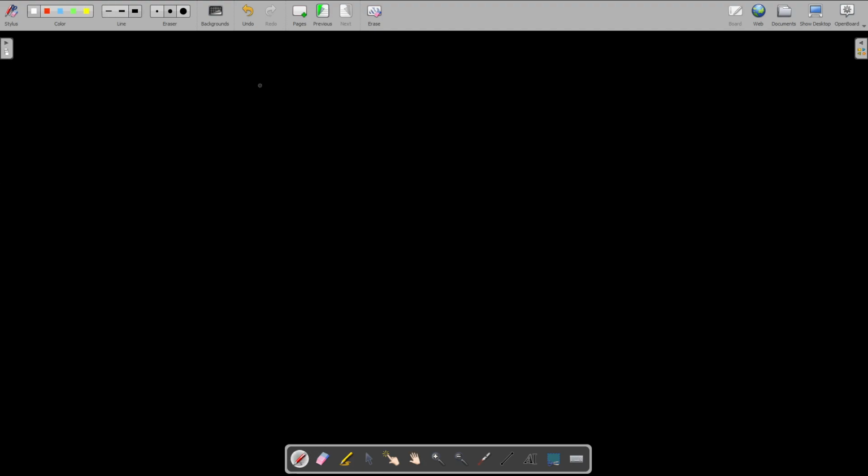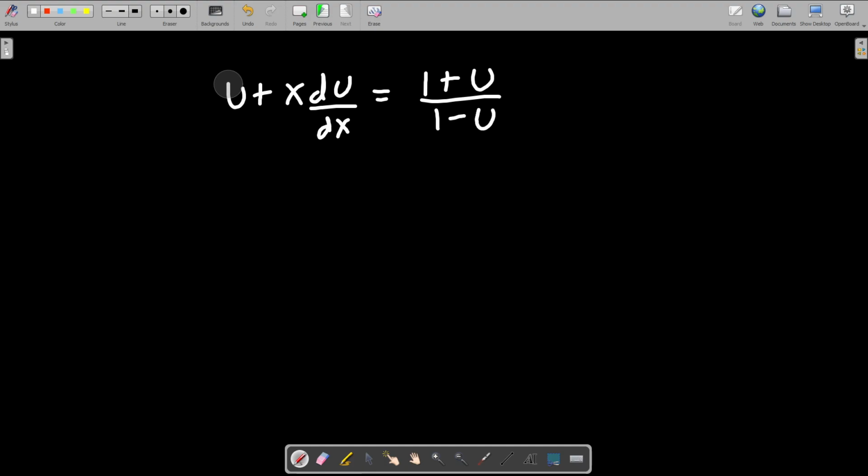Thus, the given differential equation becomes u + x du/dx = (1 + u)/(1 - u), right? Dividing by x over there, you'll get this.